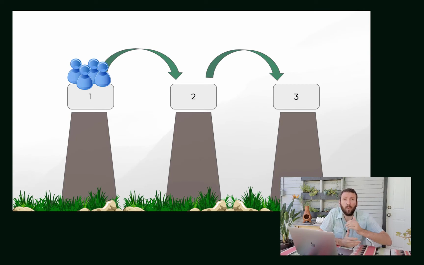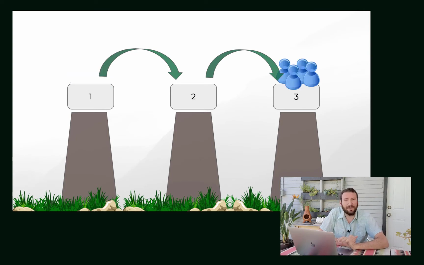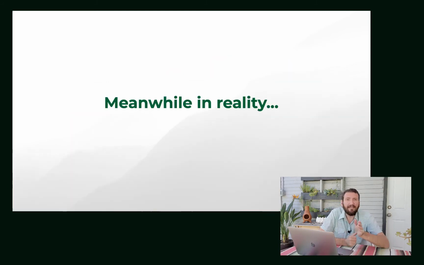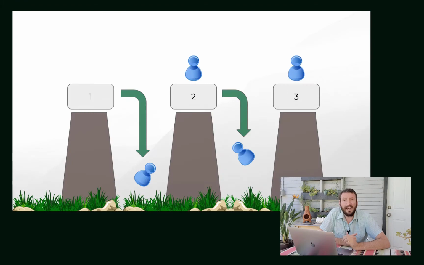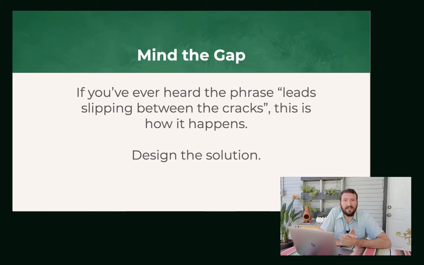Some people will forge their way through Ninja Warrior style and end up at that third milestone or final milestone. But the reality is, if we aren't taking measures to make it easy and frictionless for them, then a lot of people will end up falling into those gaps, right? Slipping into the chasms between the milestones and disappearing, right? If you've ever heard the phrase leads slipping between the cracks, this is how it happens.